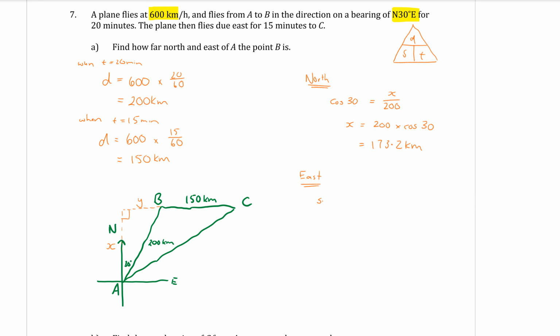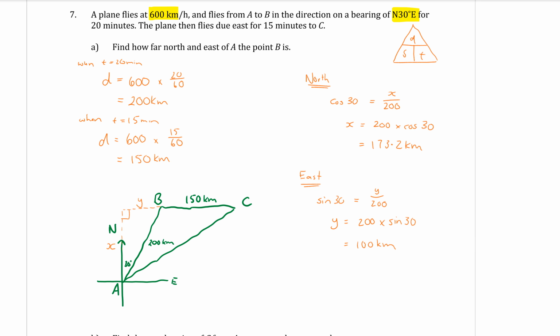Sine 30 equals opposite is Y and the hypotenuse is 200. Times the 200 across. So 200 times by sine 30, which equals 100 kilometers. And that's it.